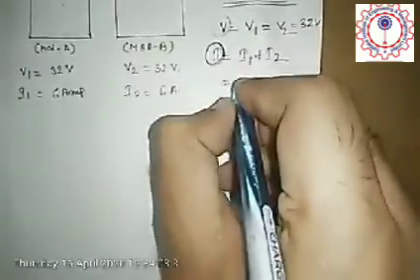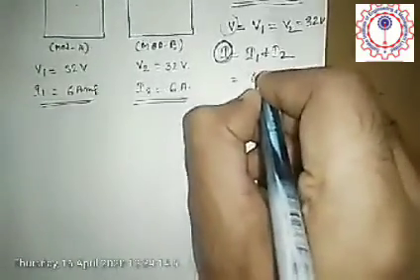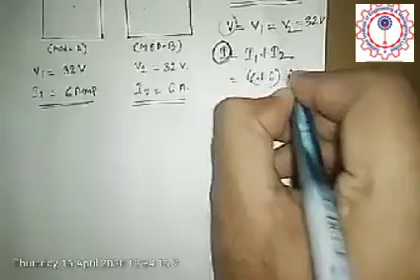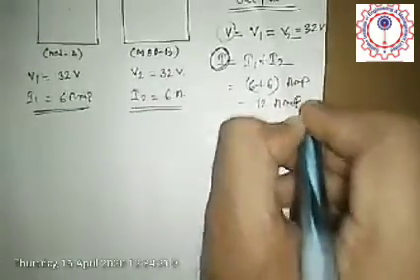The total current I equals I1 plus I2, 6 plus 6 amp equals 12 amp.